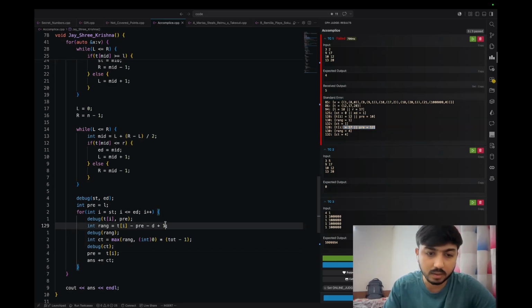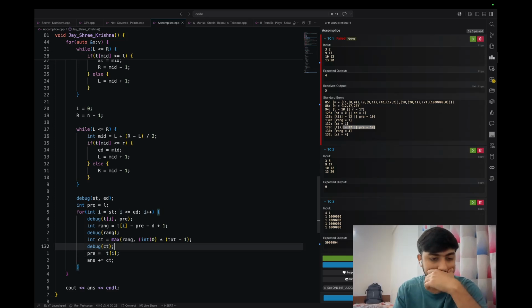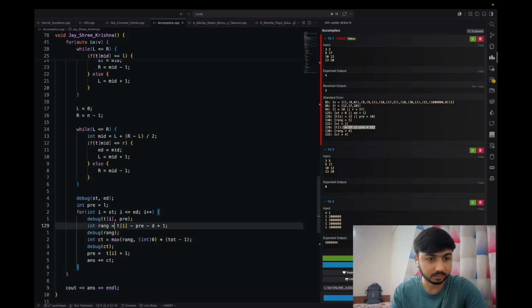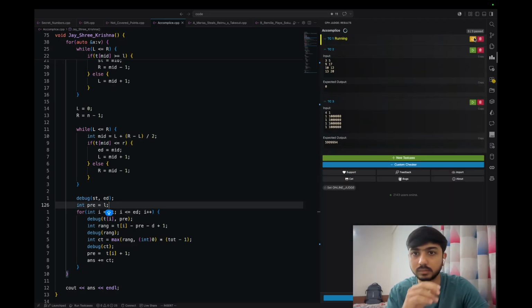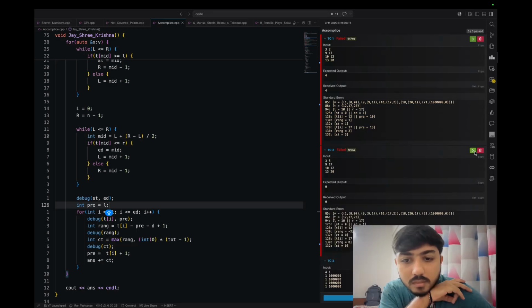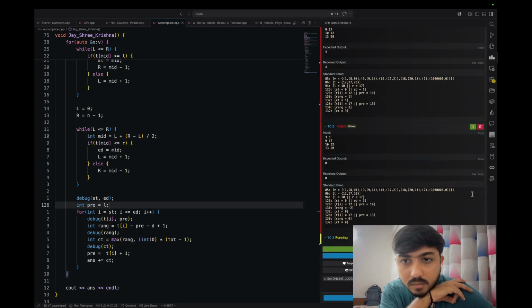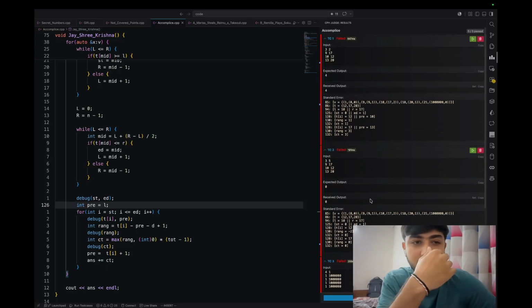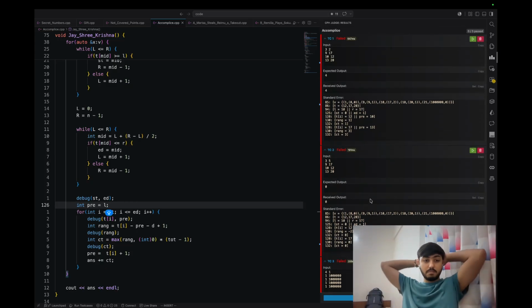We can do as previous, we can mark at plus 1. Okay, I don't know what I'm missing here.